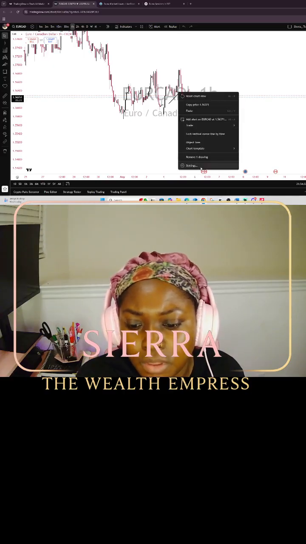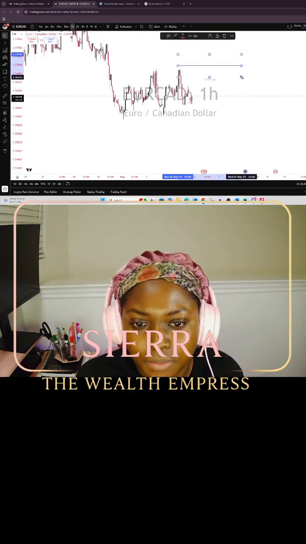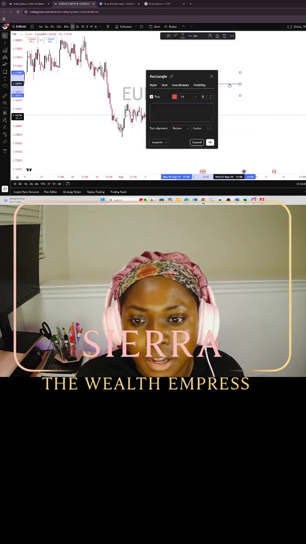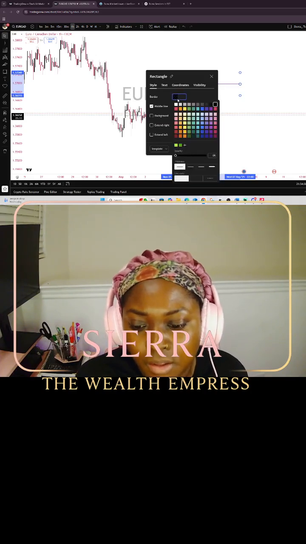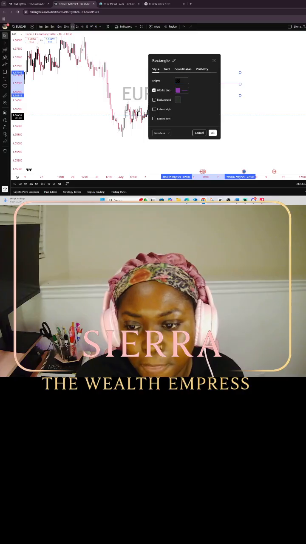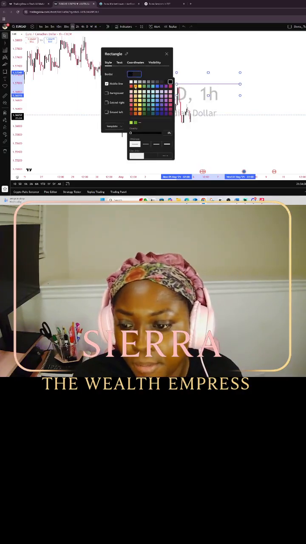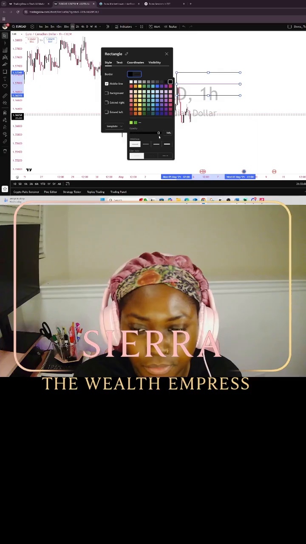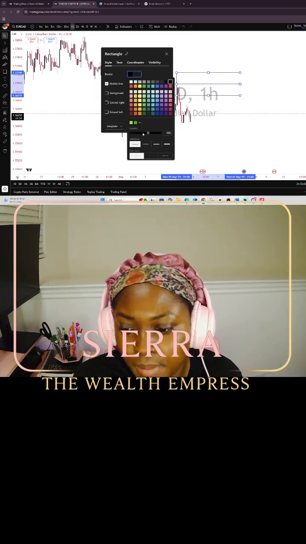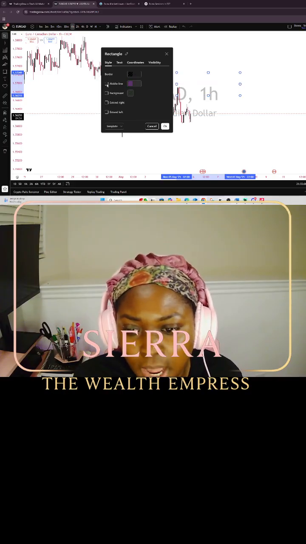So for this, right, you just double click it to get to the settings, okay? And then you go to style. My border is set at 0% because I don't really need my border, but this is what the border looks like because it's a rectangle. All right. But my border is set at 0%. And then I have middle line checked.